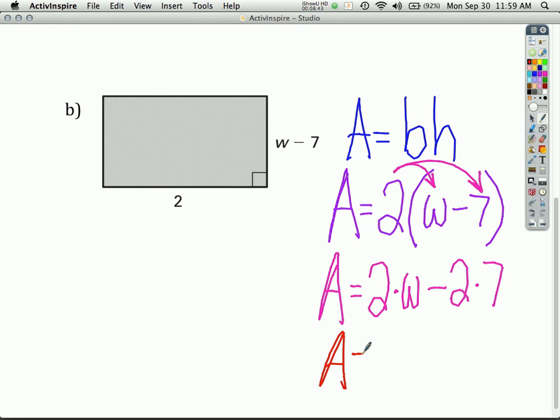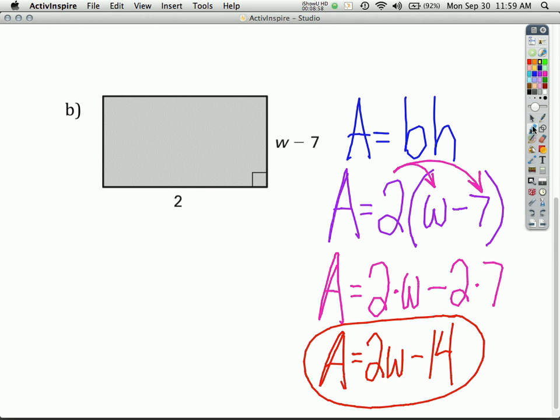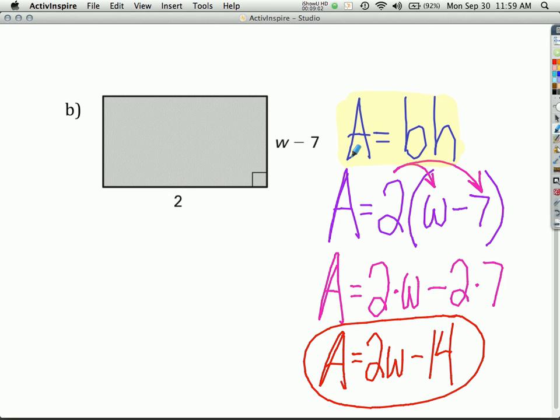The area is 2W minus 14. Okay? So it was all based on the formula for the area of a rectangle. So it had to start with this. Okay? Any comments or questions on how we did that?